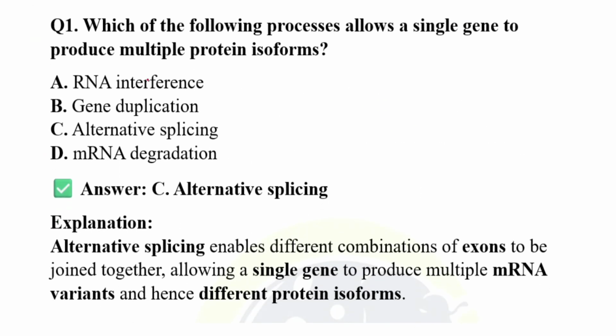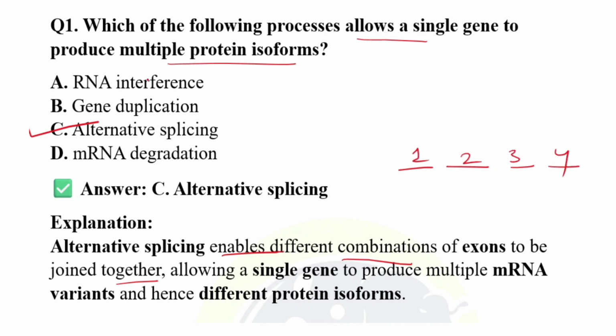Now next question: which of the following processes allows a single gene to produce multiple protein isoforms? We know that alternative splicing is the key. Alternative splicing allows a single gene to produce multiple protein isoforms. It enables different combinations of exons to be joined together, like 1 2 3 4. You can do it this way also, 1 3 2 4.